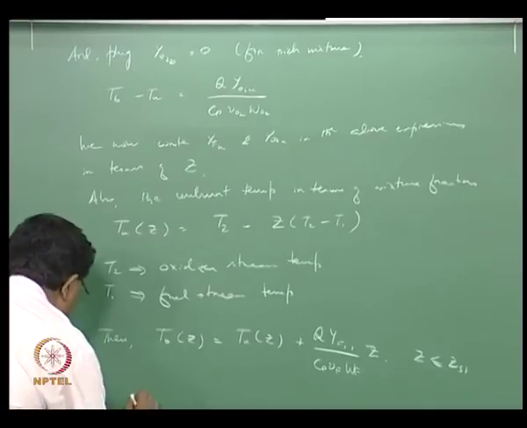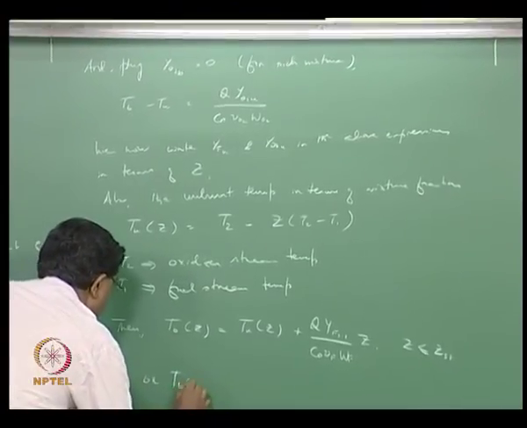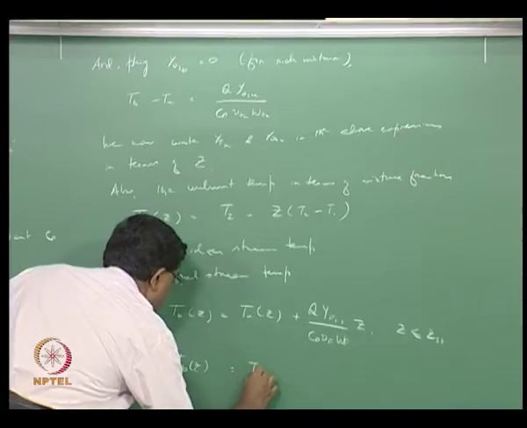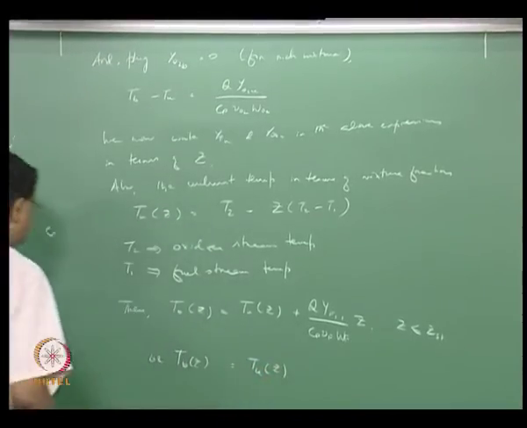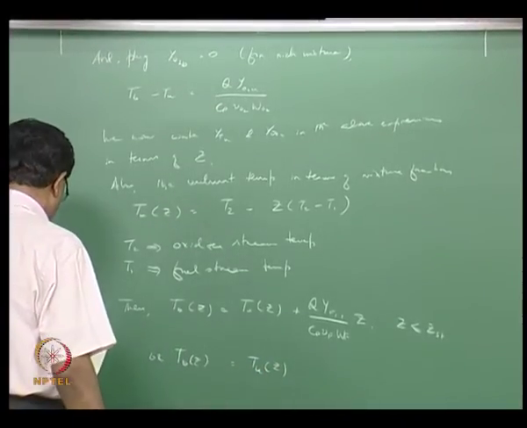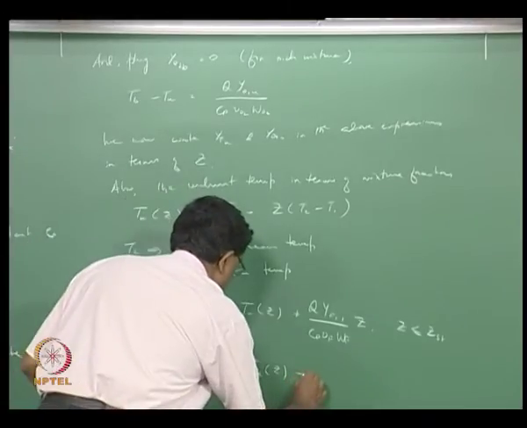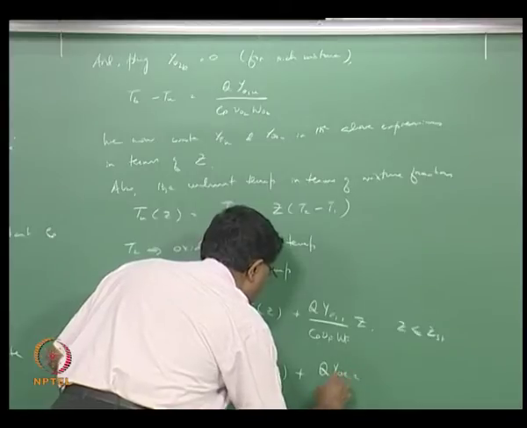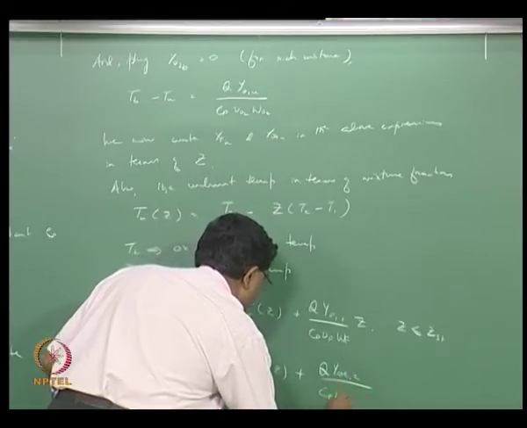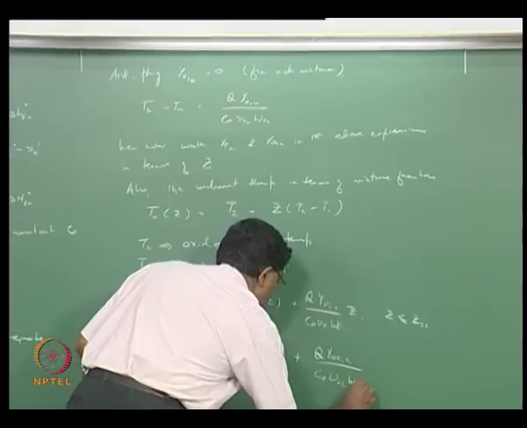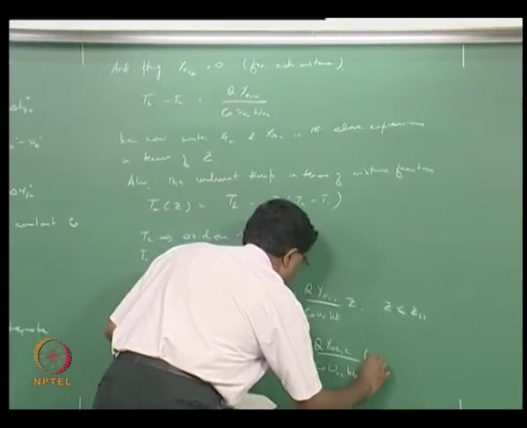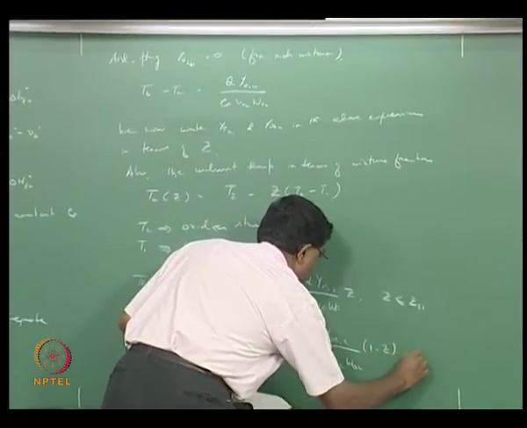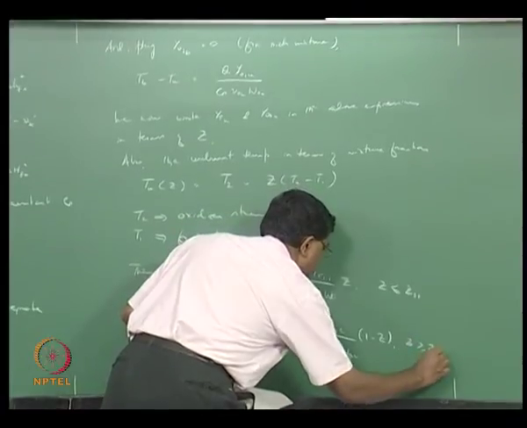Or TB of Z equals TU of Z plus Q Y_O2,2 divided by Cp nu_O2 W_O2 times (1 minus Z), for Z greater than or equal to ZST.